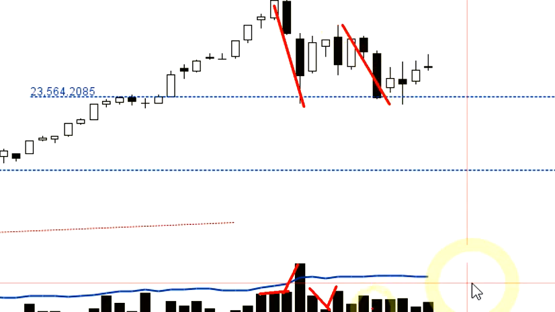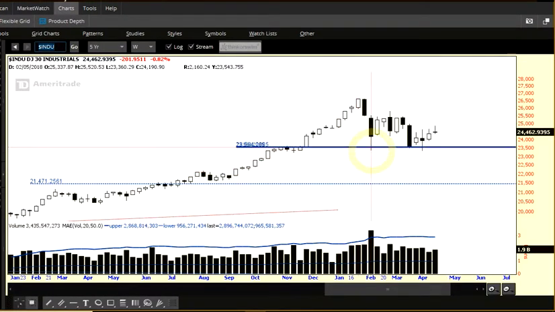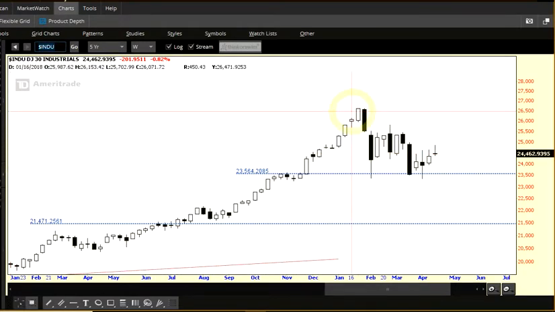On these big down moves, well, not so much here, we saw a little bit of increasing volume, but more importantly, on these up moves we're not seeing a lot of high volume. This up move right here is on declining volume. These are some of the more subtle things you have to look at if you want to read between the lines, so to speak.